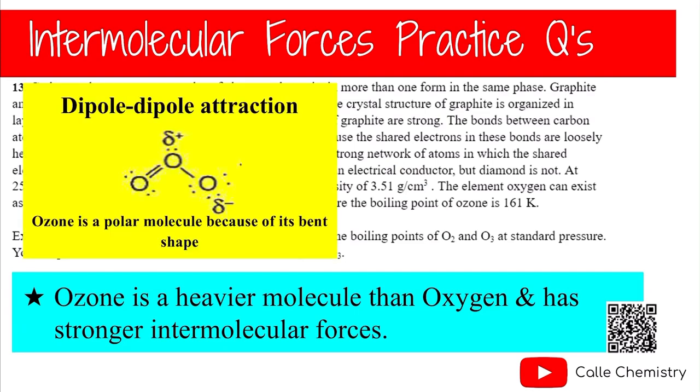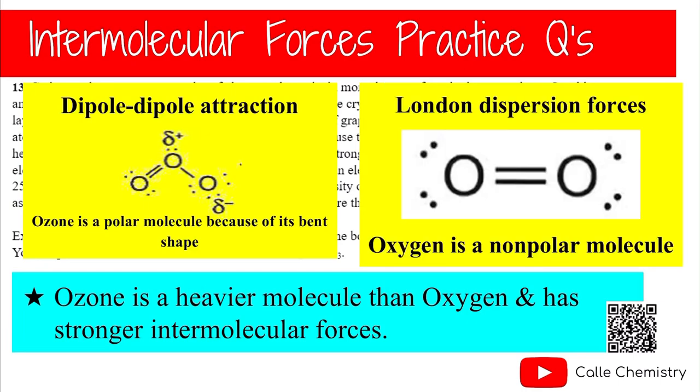Another way you can explain this is by drawing the molecules out. Ozone is a polar molecule. It has a bent molecular geometry. It looks like an upside down V. So it has a positive pole and a negative pole.